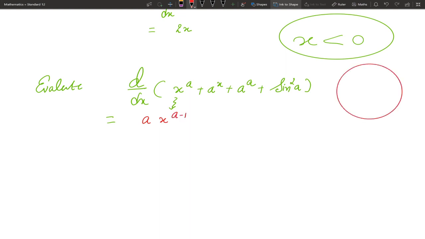Now we use this formula to differentiate the second term: d by dx of a raised to x is a raised to x into log a to the base e.